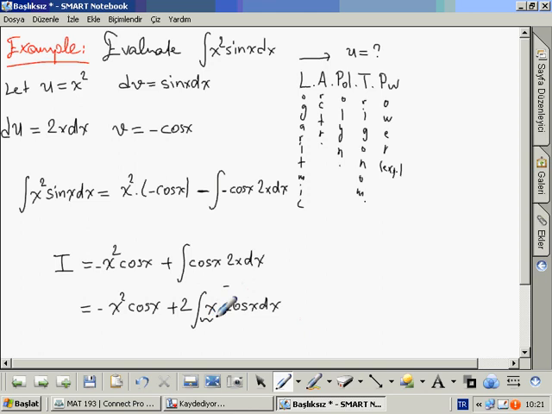Okay, this is a polynomial function, so u can be that and dv can be that.